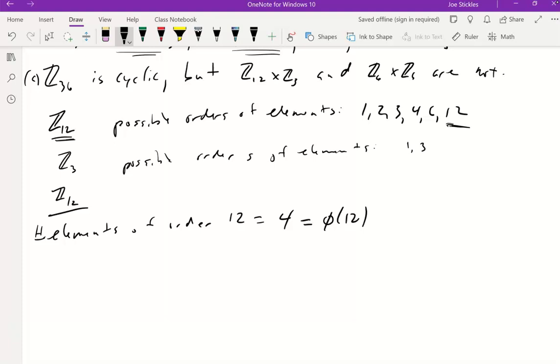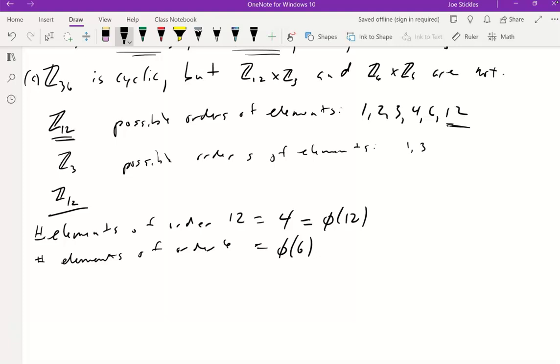So if you want elements of order 6, then that would be phi of 6. And what is phi of 6? How many integers are less than 6 and relatively prime to 6? 1 and 5.